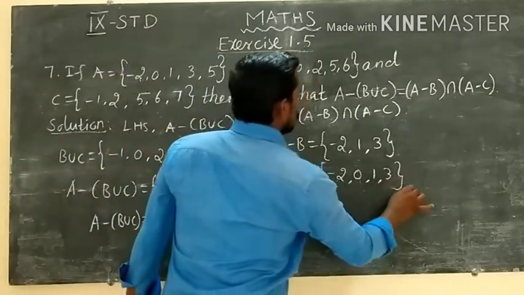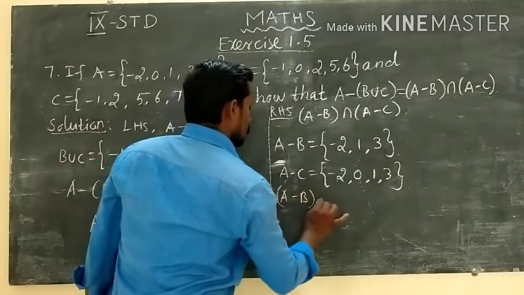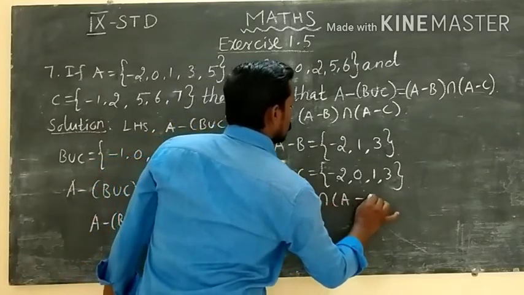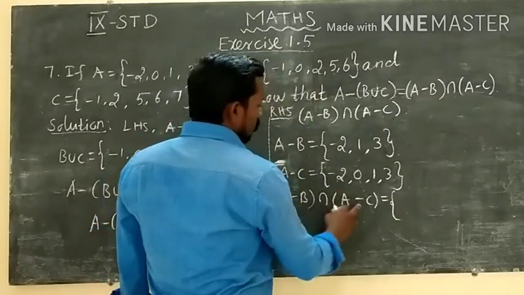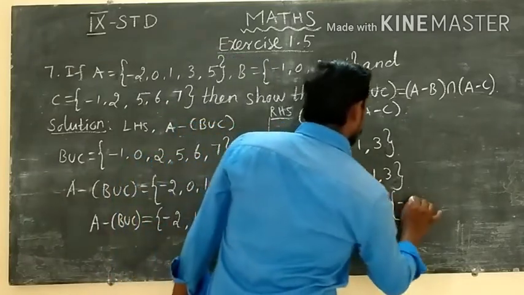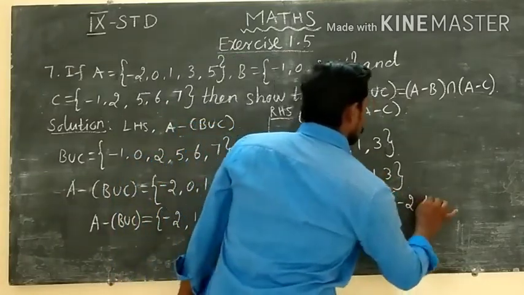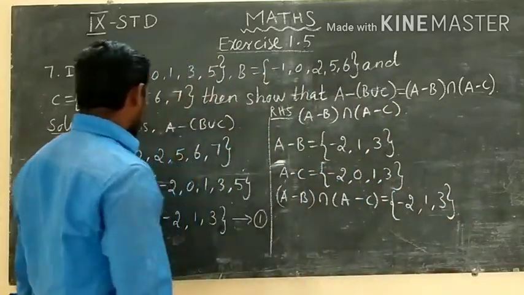So the RHS (A − B) ∩ (A − C) is the set of all common elements of both sets: -2, 1, 3.